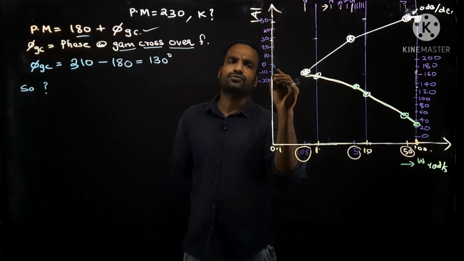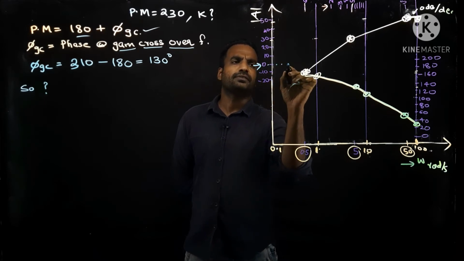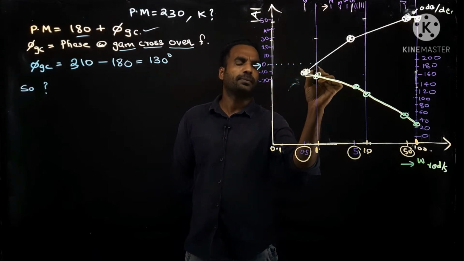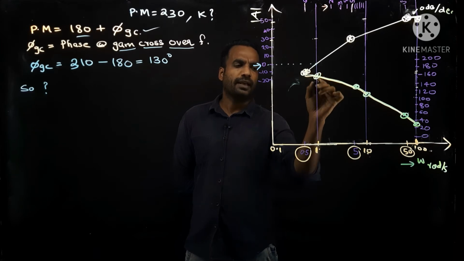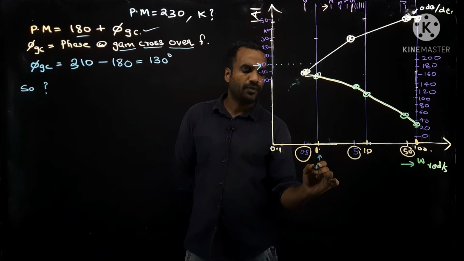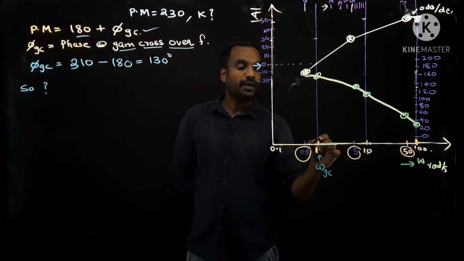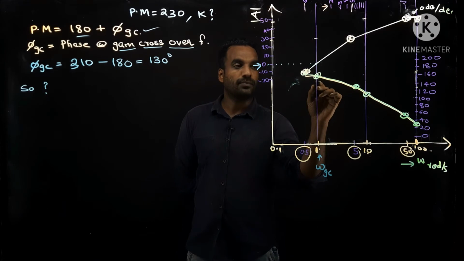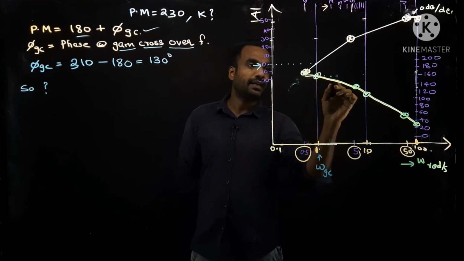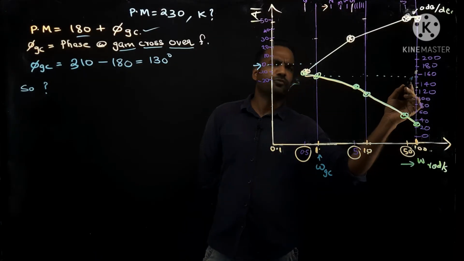Actually, what is gain crossover frequency? This is the 0 in gain. This value should be extended to our plot and this should be brought to x-axis. This is the omega gc for this case, for k is equal to 1. And I have to extend this to phase plot and this angle will be near 155.